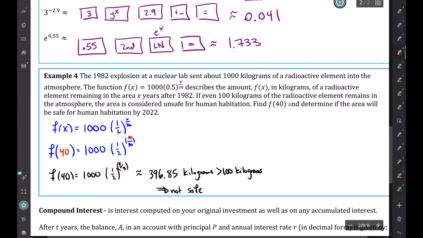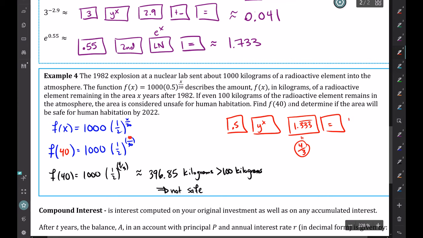And now to evaluate this, what you could have done is type in 0.5, and then type in y to the x, and then type in 1.333 and put in a whole bunch of 3's, because that's 4/3. This is an approximation of 4/3, and so we're rounding down if you do decimal expansion. And then you hit equals.